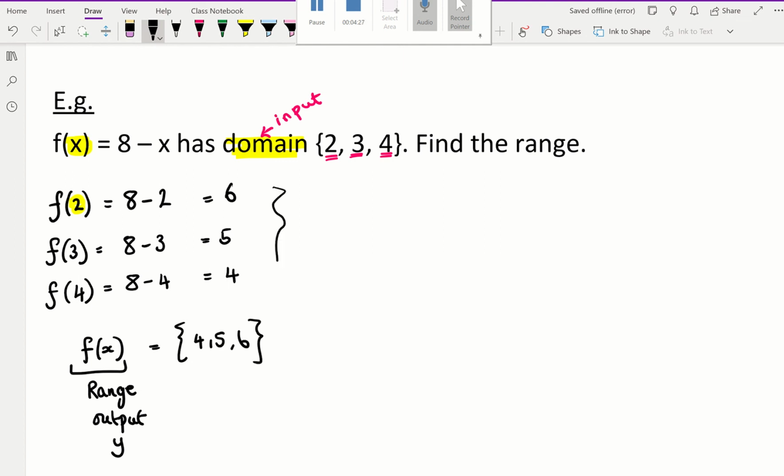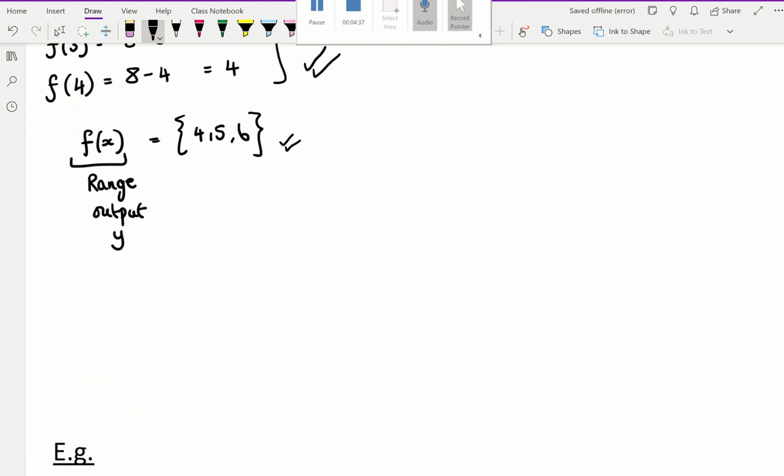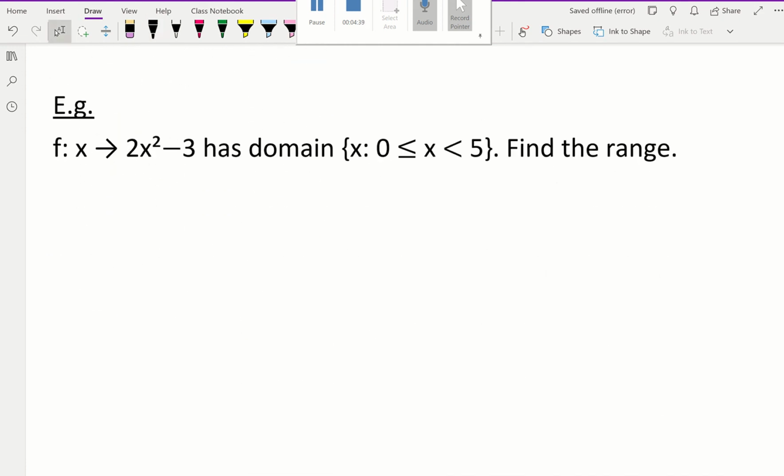If you do this working, that's sufficient, but this is just also writing it as a kind of conclusion. This is my answer. Again, the function, this just means the range, the output.